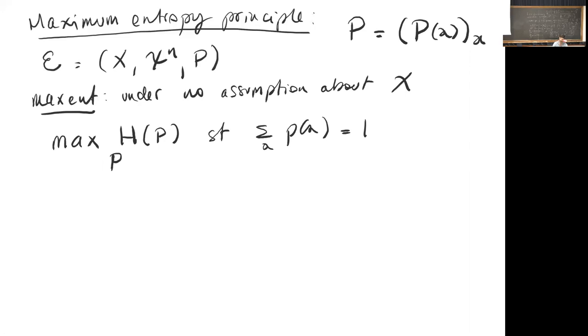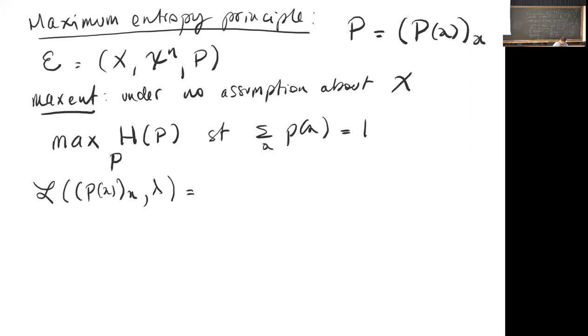So here we have a constrained optimization problem. The method of Lagrange multipliers should give us the answer. So let's solve it. I define a Lagrange function, which will depend on my vector of probabilities and on a single Lagrange multiplier, since we have a single constraint in this case.